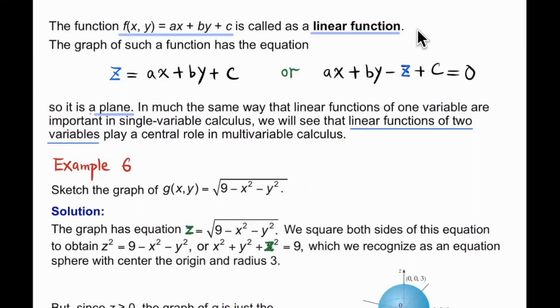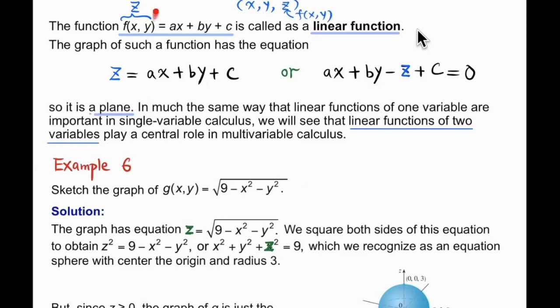The graph of such a function, we have this equation either this way or this way. Remember f of x comma y, we can think about that as the third coordinate of that point in space. So we have x and y, and then the last coordinate z is given by the function value f of x comma y.